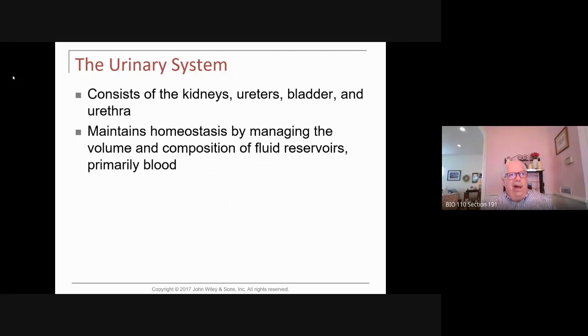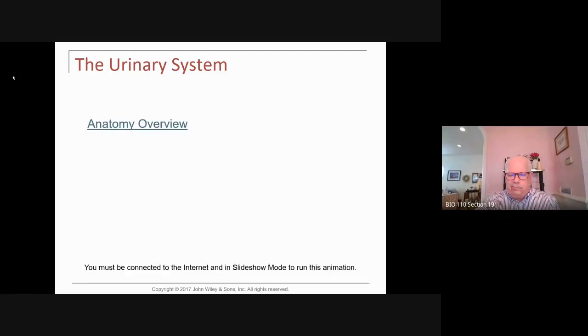The function of the urinary system is to maintain homeostasis by literally managing the volume and composition of the fluid in your body. And that fluid in your body is primarily blood, but it also works on the interstitial fluids also. So we need to talk about where fluid is in your body.